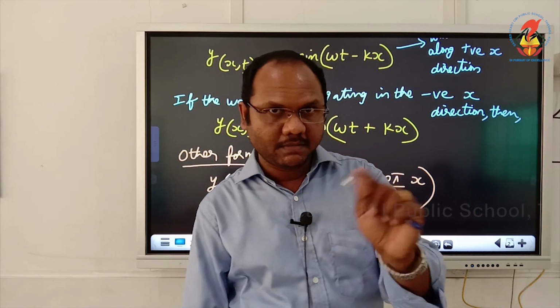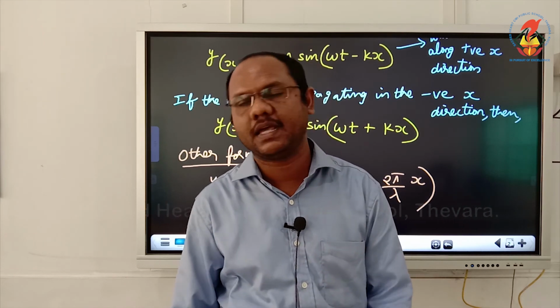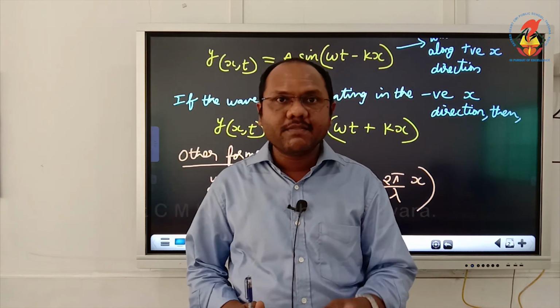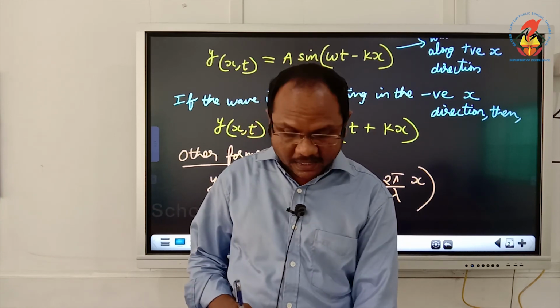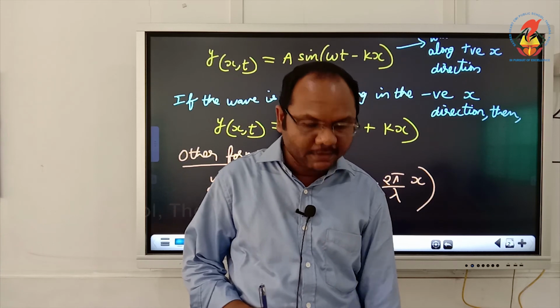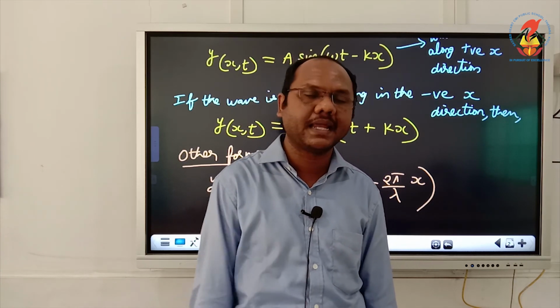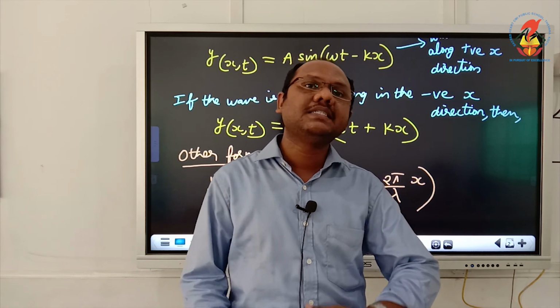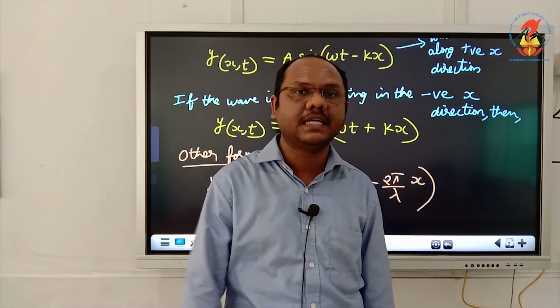So, just write the heading like this: reflection of a wave from a rigid boundary. When a travelling wave is reflected from a rigid boundary, it is reflected back with a phase difference of 180 degree or phase difference of pi radians. But when it is hitting an open boundary, there is no phase change.